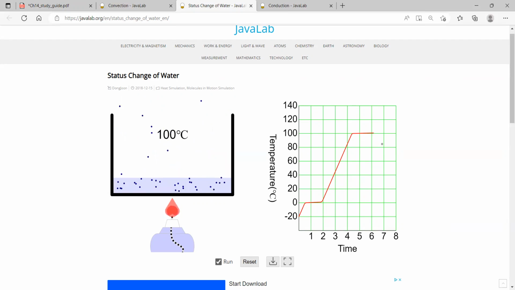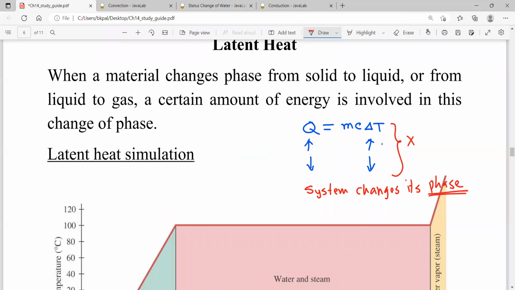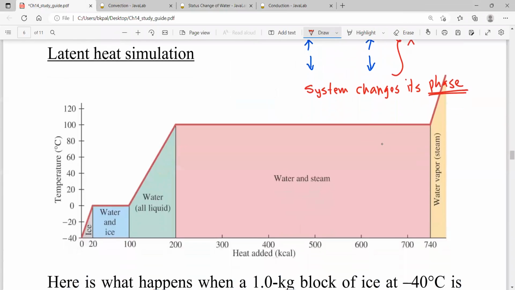All right, let's go back to the slide. This is the same graph that you see in the simulation. Here it started from -40°C, and from -40 to 0 there is an increase in temperature.